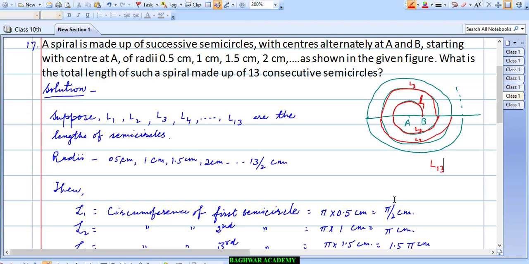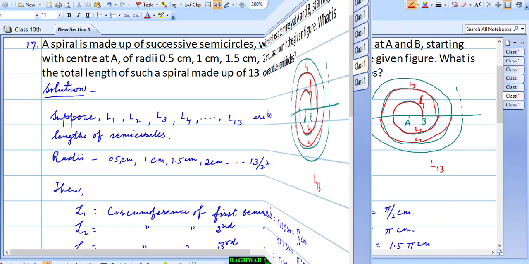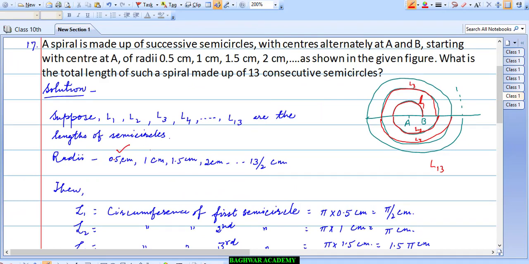The radii given are 0.5 centimeter, 0.5 centimeter, then 1 centimeter, 1.5 centimeter, 2 centimeter, up to 13 by 2 centimeter.